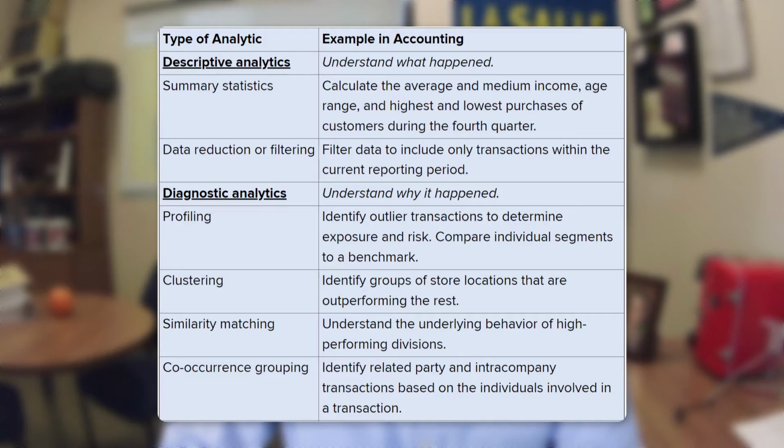Now, with data reduction and filtering, we're trying to zero in on a particular aspect of the data. As an example, let's say our sales are down 2%. We want to know why. To get ready for diagnostic analytics, we might filter different categories of our sales.